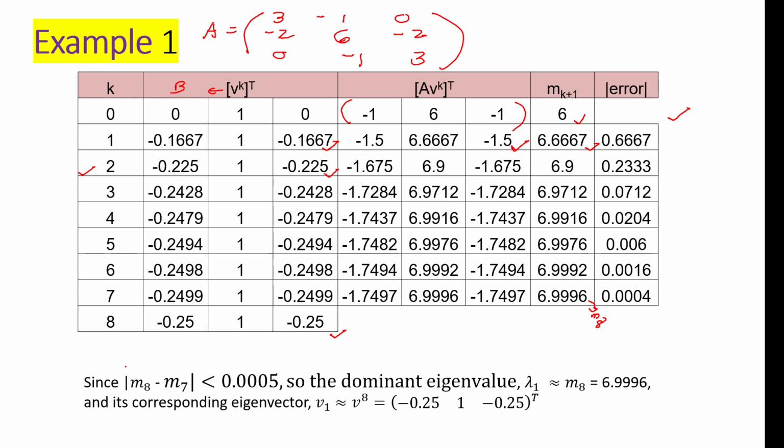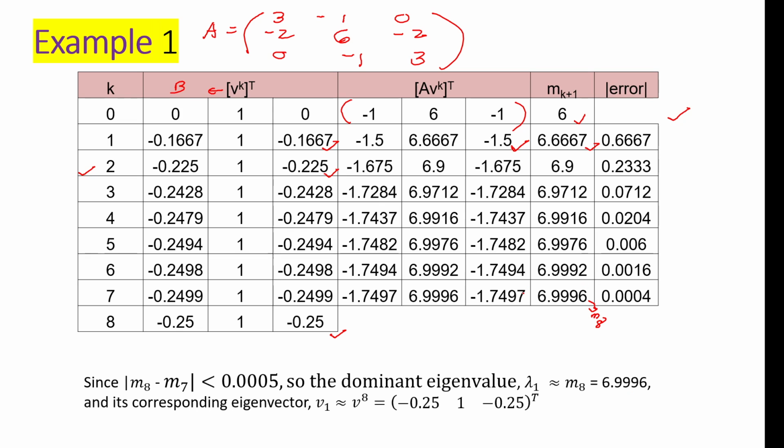The reason you stop is that M number 8 minus M number 7, this value deducted by this value, is less than 0.005. So the dominant eigenvalue lambda 1 is approximately the last MK plus 1, which is 6.9996.